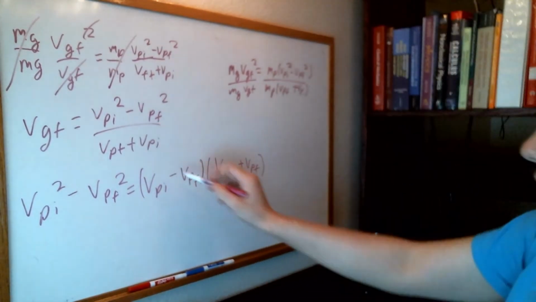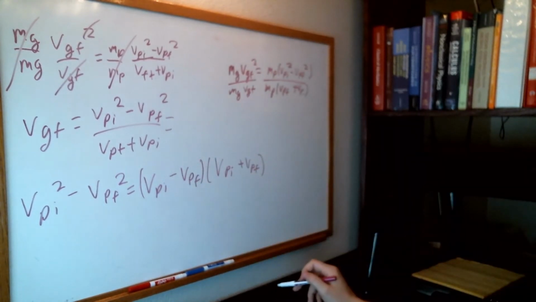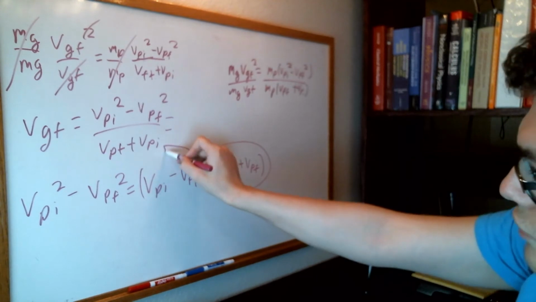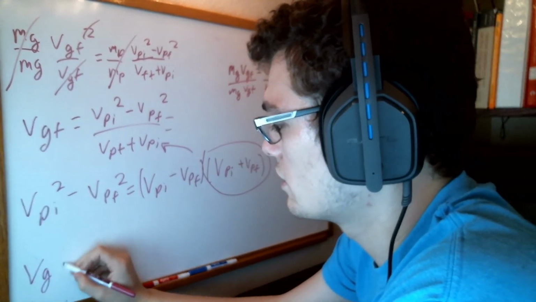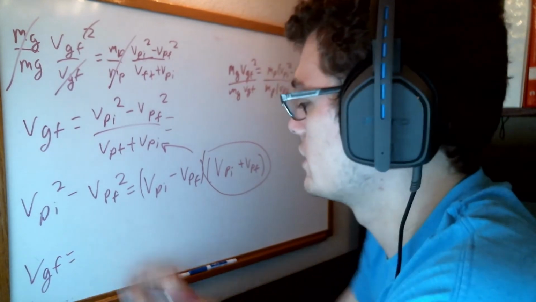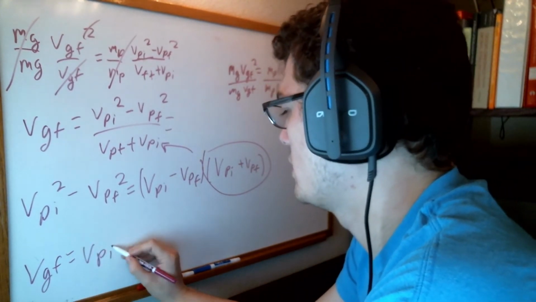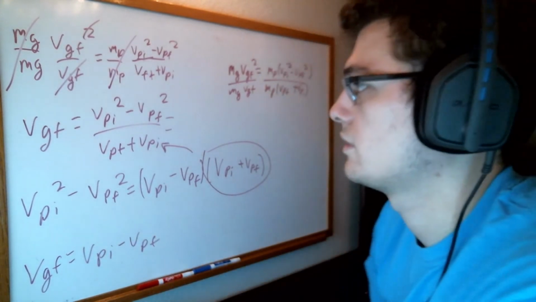Okay, so then when we factor this, the difference of two squares, this factor comes out and cancels with this factor down here. So then VGF is going to be equal to VPI minus VPF.